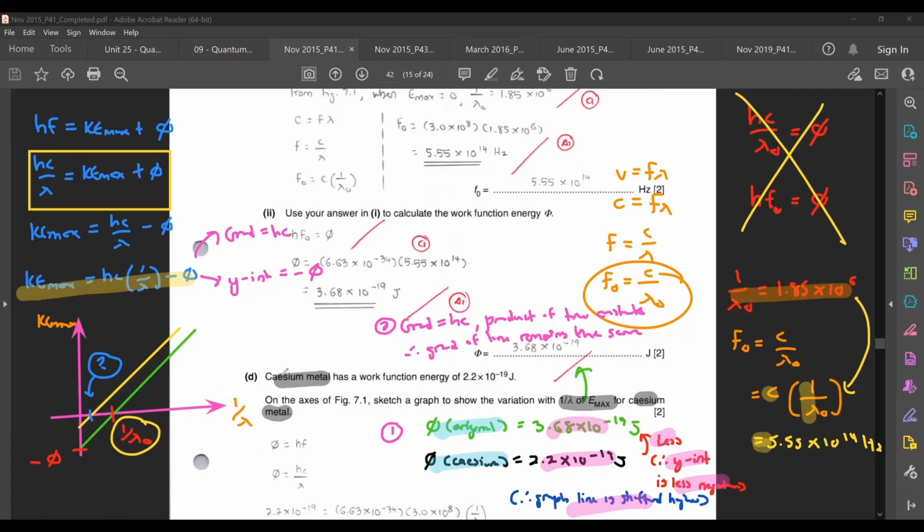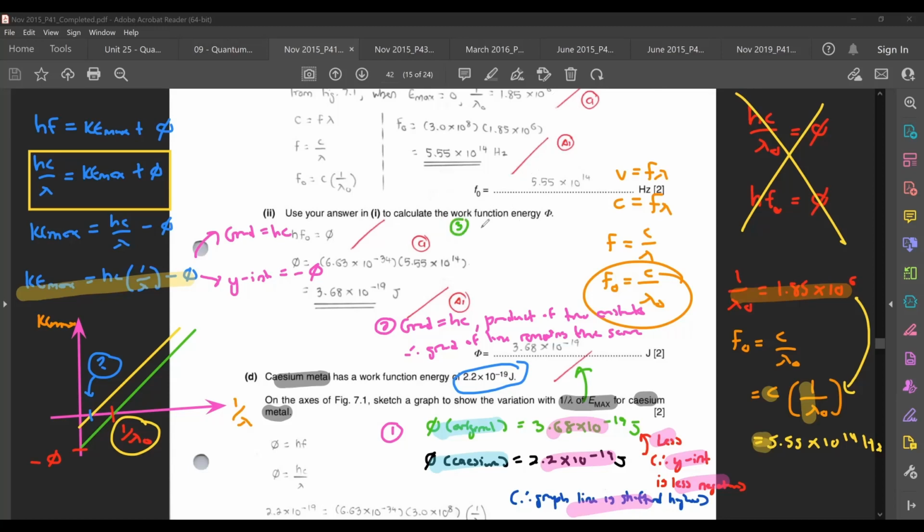But for this question here, you cannot just simply pick any x-intercept you want because they've already given you your work function energy here. So before you start drawing your graph, there is a higher line than the one before with the same gradient. You also need to first set up what your x-intercept is. So this is where you need to start finding out the value of your x-intercept.